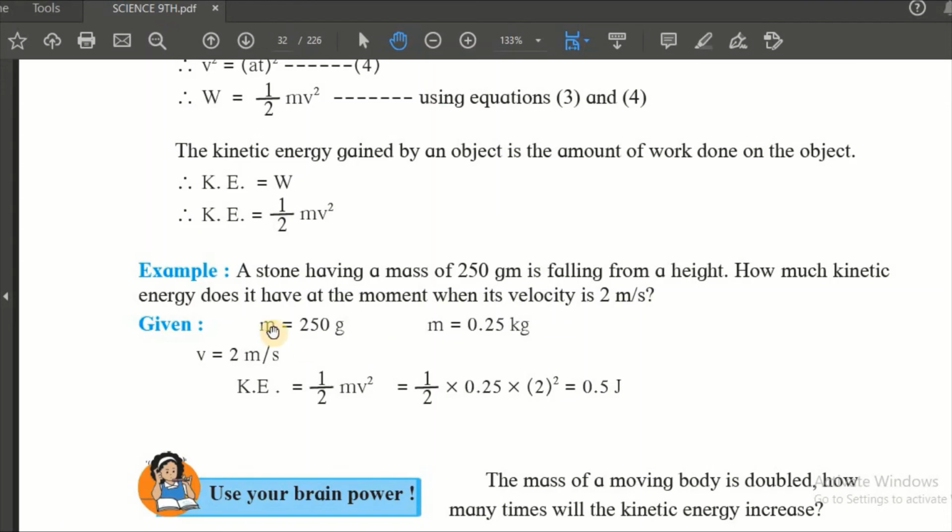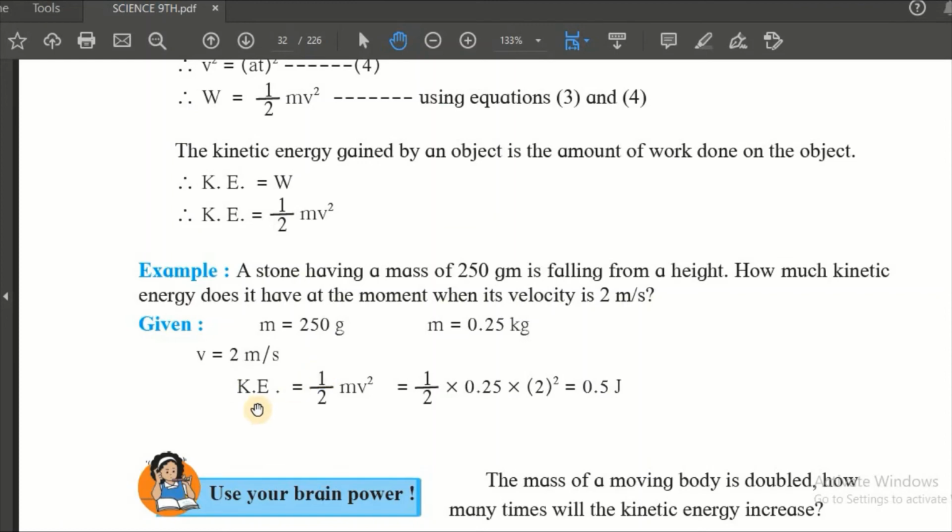For grams, we have to convert to kilograms by dividing by 1000. 250 divided by 1000, therefore m is equal to 0.25 kilogram. Then v is equal to 2 meter per second. So we converted grams to kilograms by dividing by 1000.